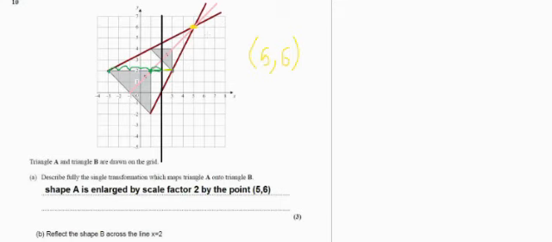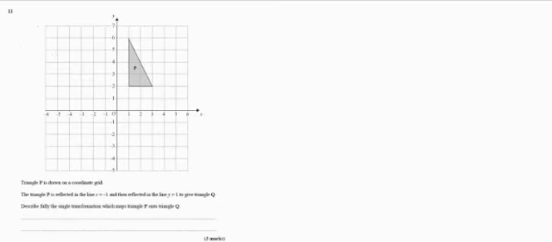Let's draw it here, 1, 2, 3, 4, 5. This has a space of 1 square, 1 square, point is here. Now let's draw the shape. Here it is.